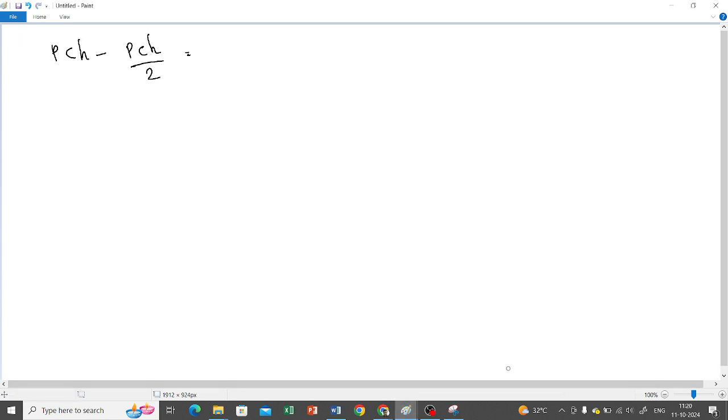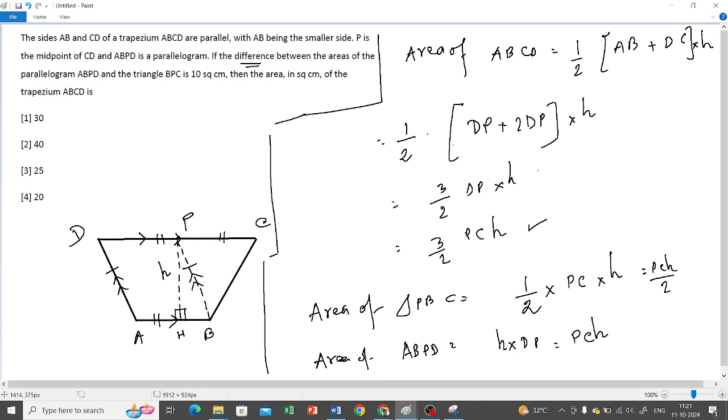So PCH minus PCH by 2 is 10, PCH is equals to 20 centimeter. This is what we have.